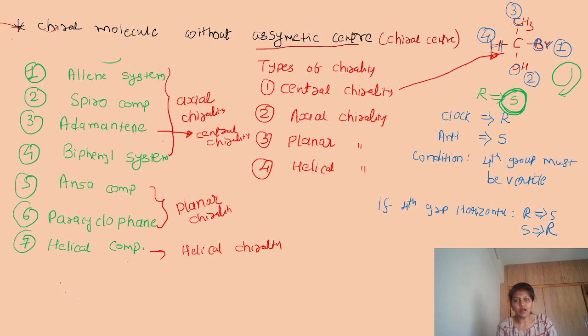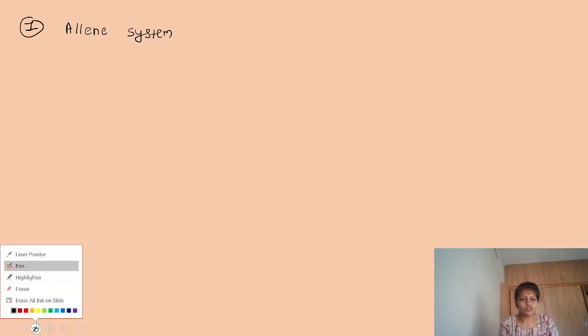Now I will explain in detail about axial, planar and helical chirality. Okay, so first of all I will start with the Allene system. First of all, what is the condition for an Allene compound?